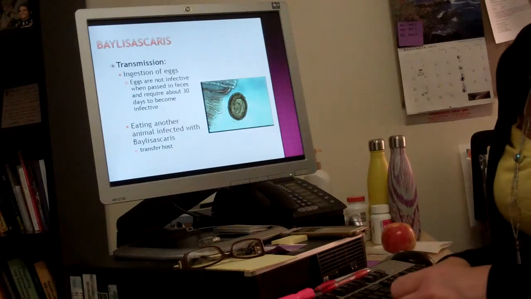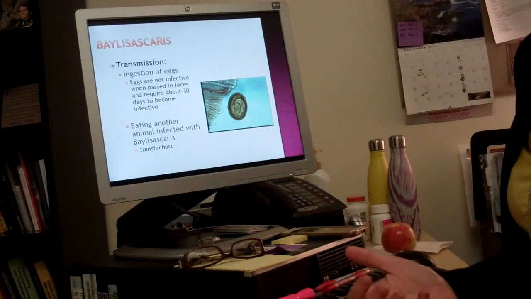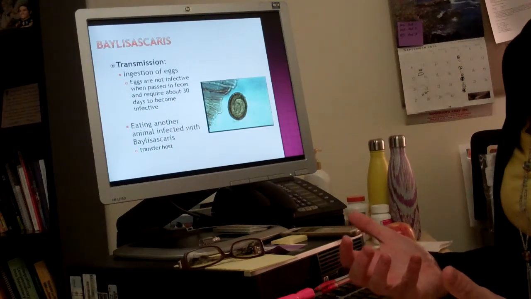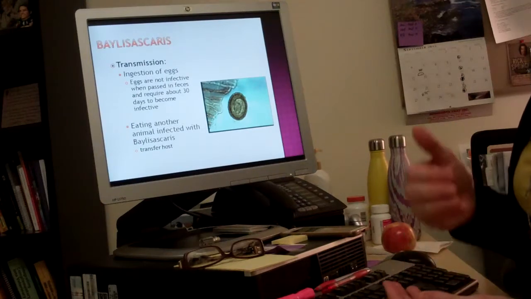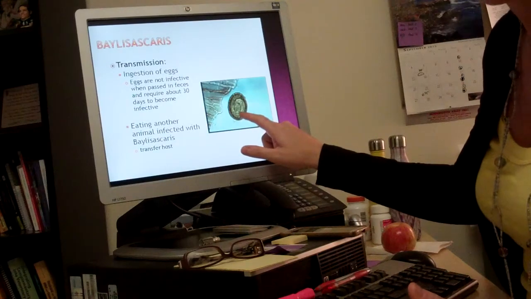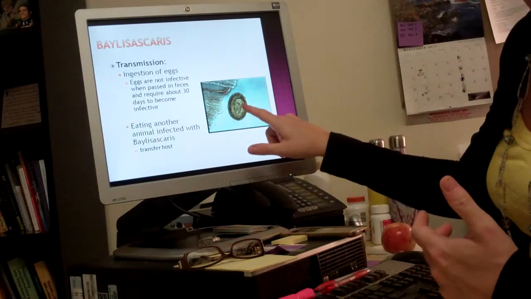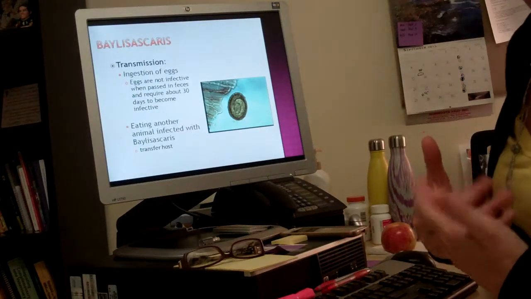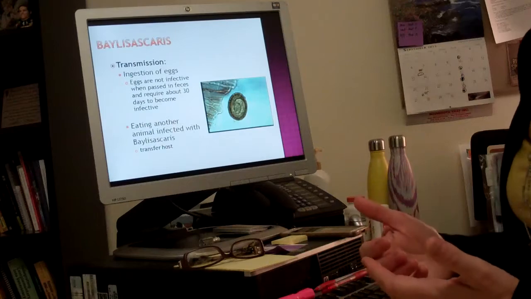So let's say you are working at the wildlife rehab center and you have a ward of raccoons and other wildlife species. What do you need to remember? Time out for a moment. This infective stage, just like Toxocara, is zoonotic. So if we accidentally ingested it, we could end up with the same zoonotic infections as Toxocara.